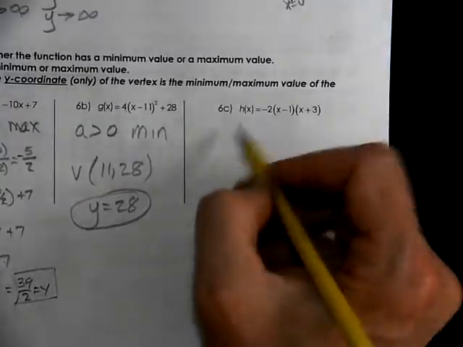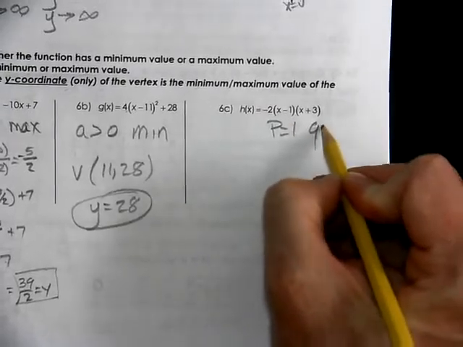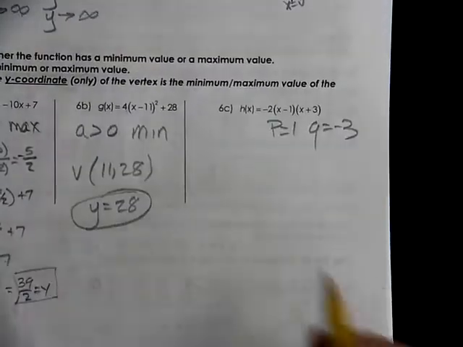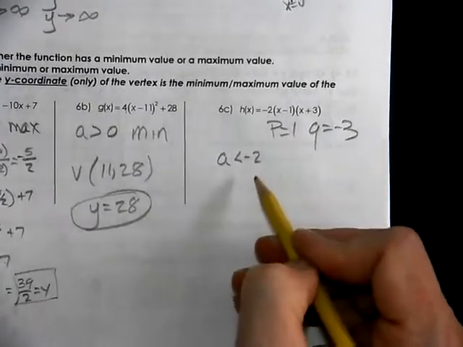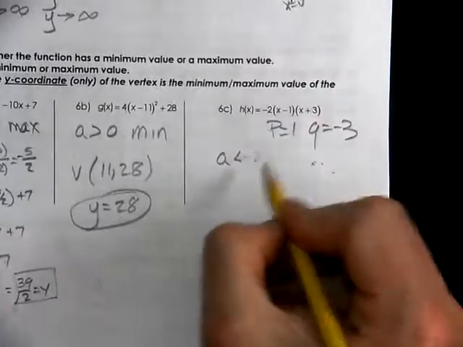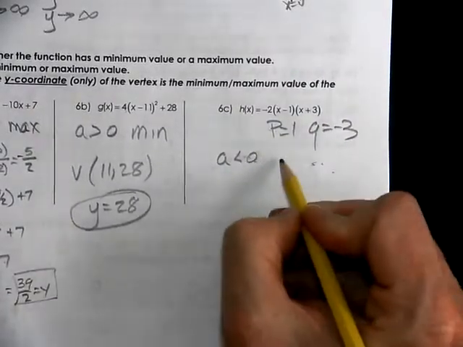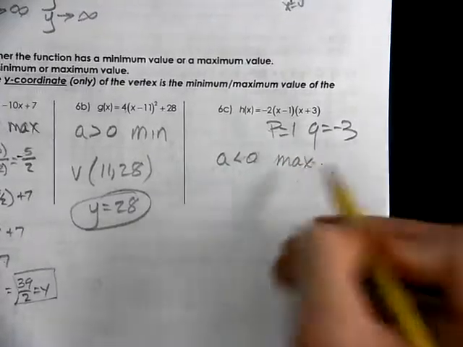Then my last question, we know the p value is at 1 and the q value is negative 3. Since my a value is less than 0 because it is negative 2, we're going to have a maximum.